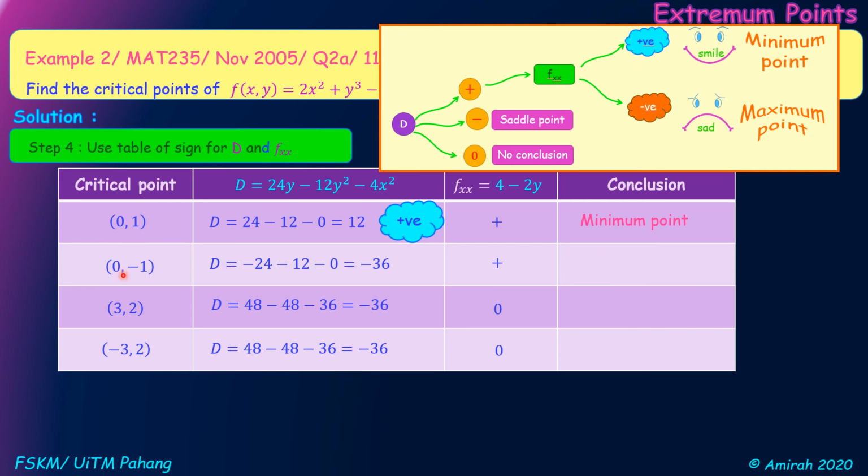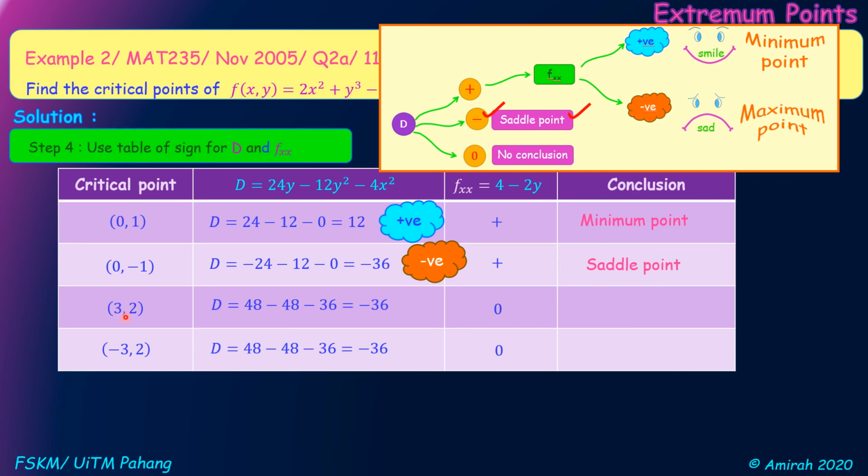And then for the second critical point, we have D equals negative value. So D negative, no need to check fxx, because if D negative, the conclusion is saddle point. When D negative means we have saddle point here.